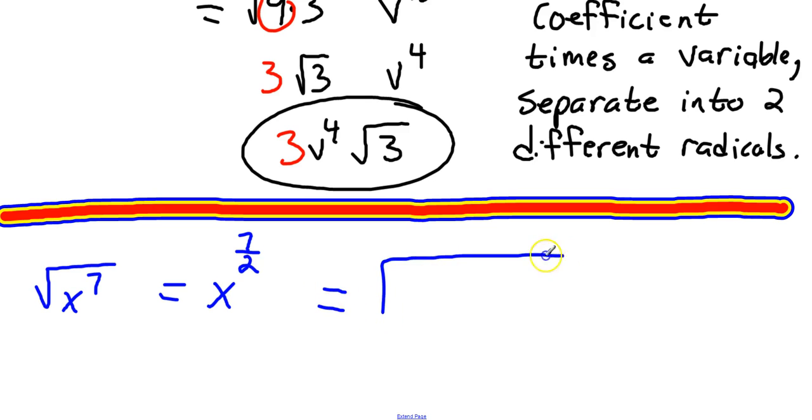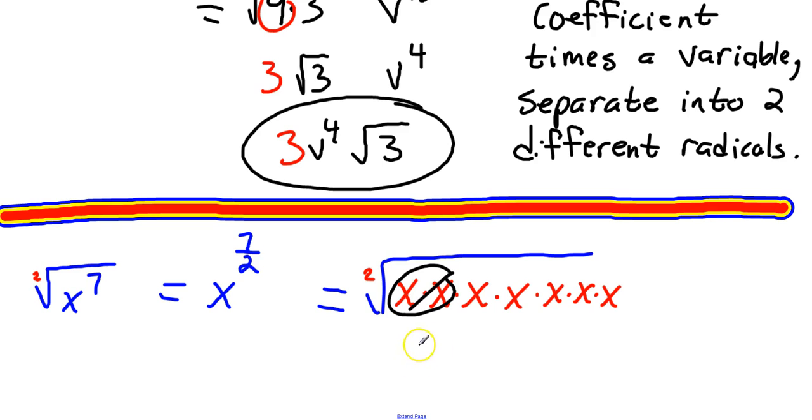If we went back to, again, 6th grade math, if you've got x to the 7th, that would be 7 x's on the inside. 1, 2, 3, 4, 5, 6, 7. And again, because it's a square root with the understood 2 there, we're doing everything in groups of 2. So there's 1x that we can take out.